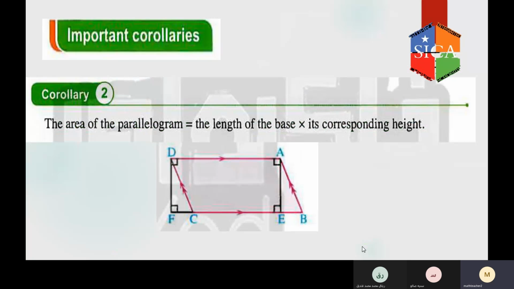Here, in parallelogram ABCD, its altitude or height is AE. If the base is AD and its height AE, then the area of the parallelogram equals base AD times the height.